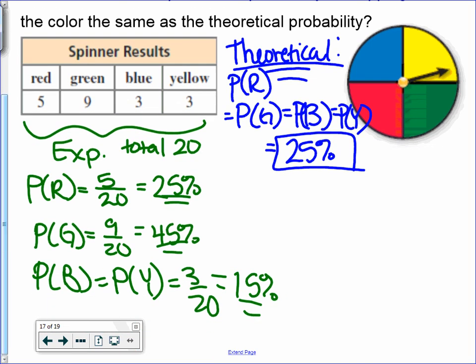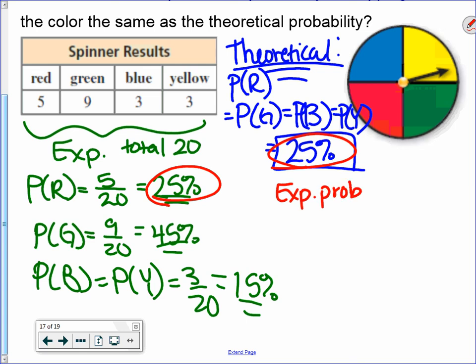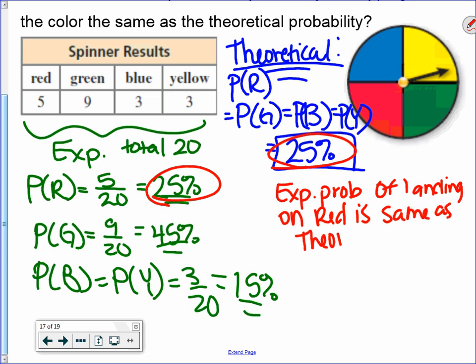So because it was the same for red, we would say that the experimental probability of landing on red is the same as the theoretical probability.